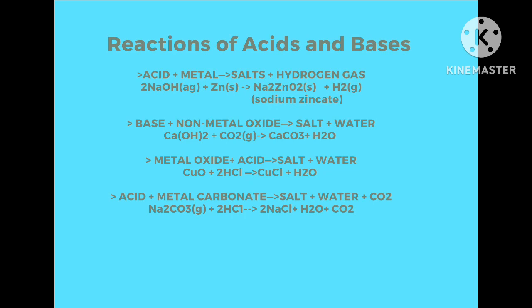An example is written here. Copper oxide reacts with hydrochloric acid to form copper chloride and water is formed as a byproduct. The last reaction is all metal carbonates and hydrogen carbonates react with acids to form salt, carbon dioxide and water.